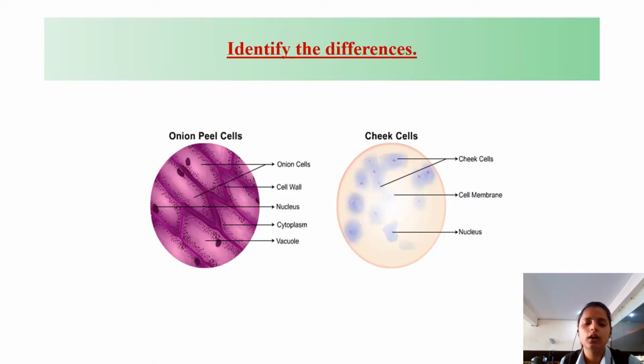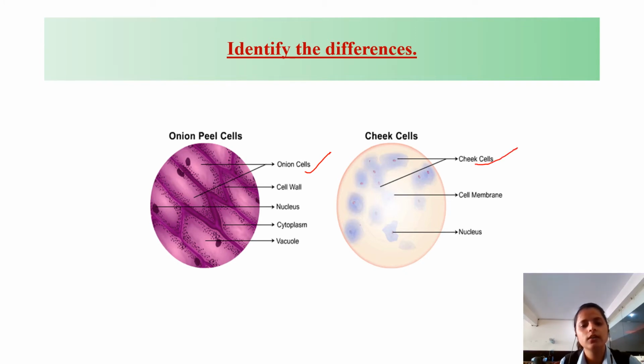Okay, so I have two cells, the onion peel cell and the cheek cell. What you have to do is identify and list the differences between these two cells. You can also see that I have labeled the parts, and from these parts you can identify the differences. We can see here the onion cell and the cheek cell.